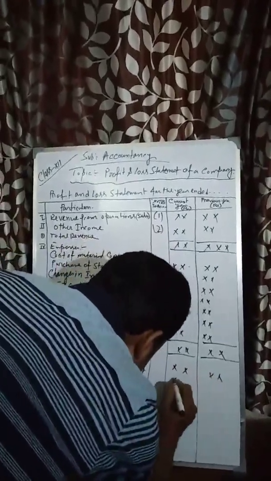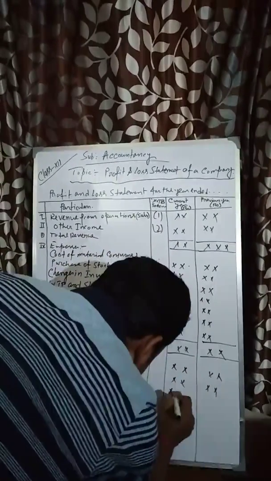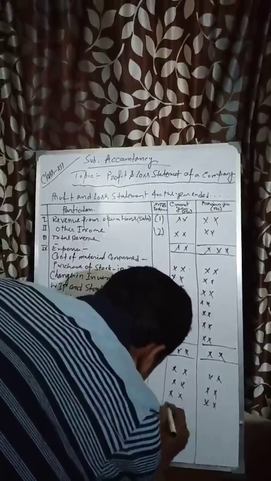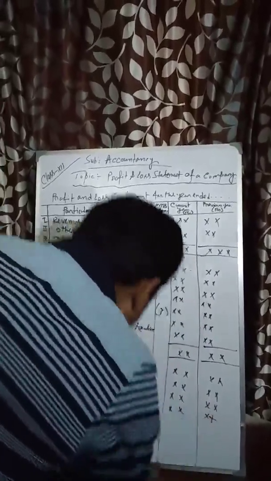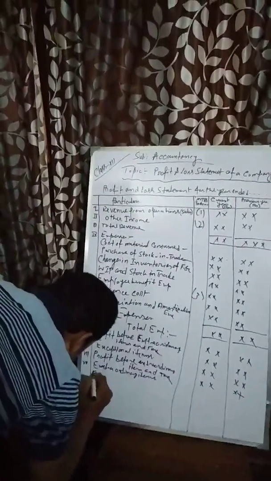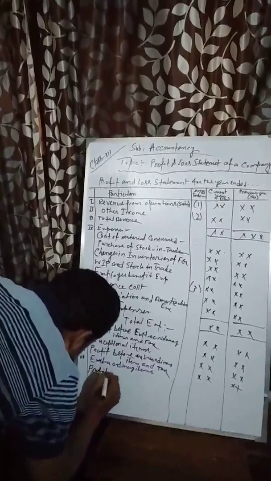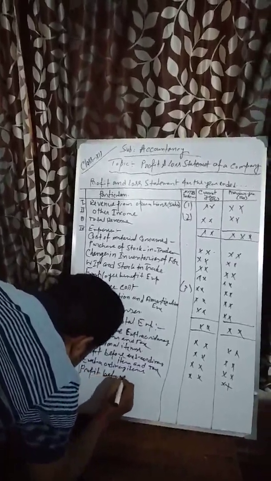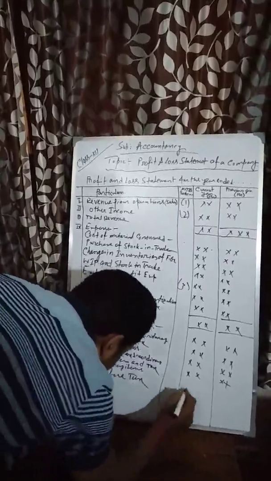This all comes under it. After you are charging extraordinary items, this comes as profit before tax. Profit before tax comes now.